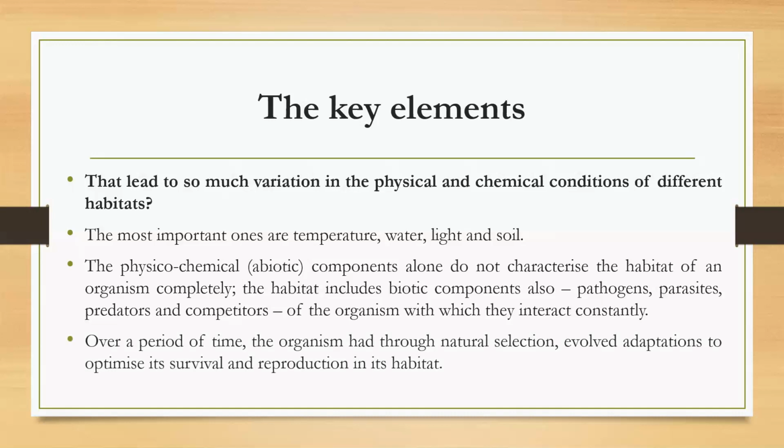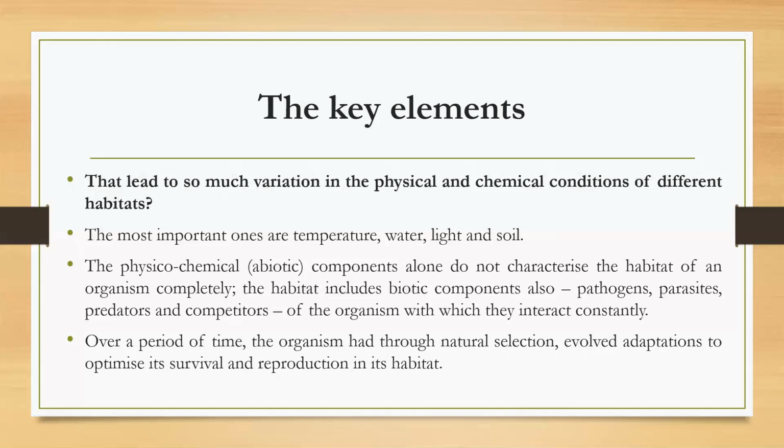Now, over a period of time, the organism has, through natural selection, evolved adaptations to optimize its survival and reproduction in its habitat. We should remember that all these abiotic factors are not constant. All these biotic factors are also not constant. They show great variation. So when there is a variation in these abiotic and biotic factors, that means there is a variation in the climatic conditions.